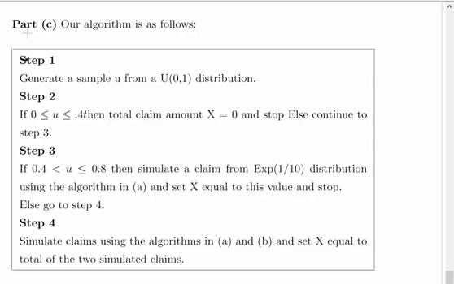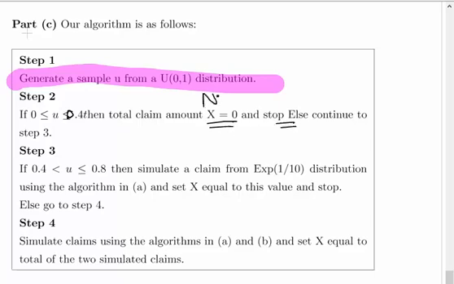As always, we start off by generating a sample from the uniform distribution, a uniform random variable. If u is between 0 and 0.4, then the total claim amount is 0, and we stop. That's the no claims.